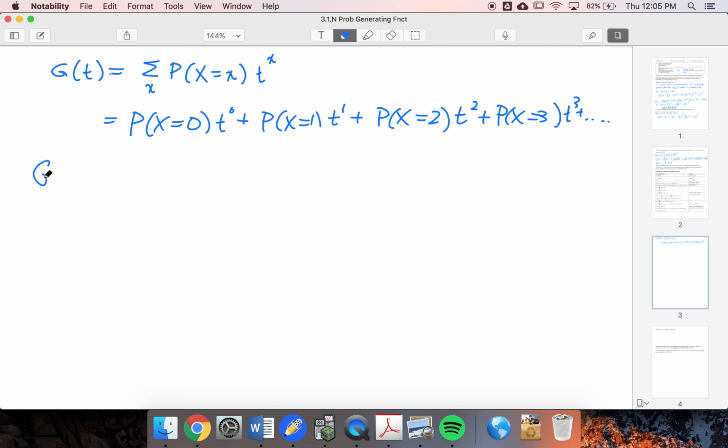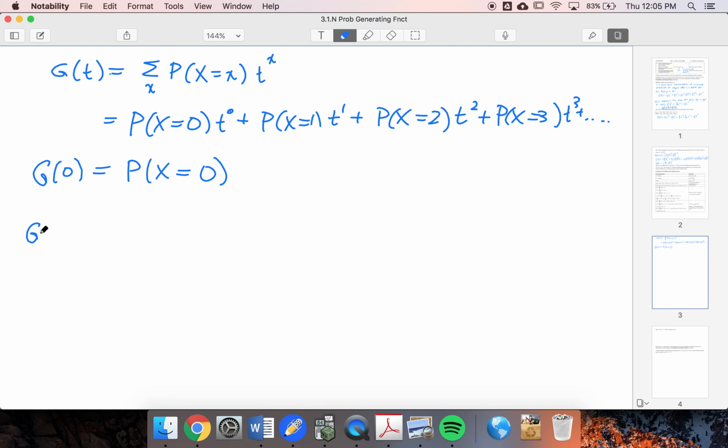So let's think first of G(0). Well, for G(0), I'm going to replace all my t's with 0. That's going to leave me just with the probability that X is 0, because the other terms will have already gone away, because I know that t to the 0 is 1.